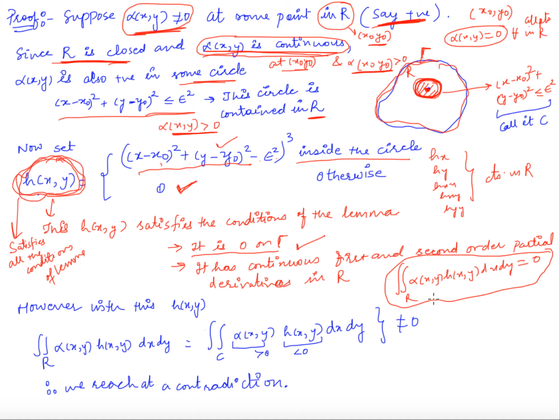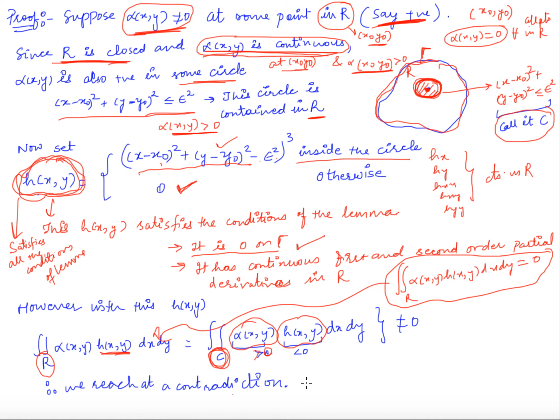But you try to find this integral, what you will get, because you have this h(x,y) 0 outside this circle. So let us call this circle as C, this small circle. So your integral will reduce from R to only C. So your integral is equal to the integral of alpha(x,y) h(x,y) dx dy, and this alpha(x,y) is greater than 0 in this C, and this h(x,y) is less than 0 in the whole of C. So it means that this integral is not equal to 0.